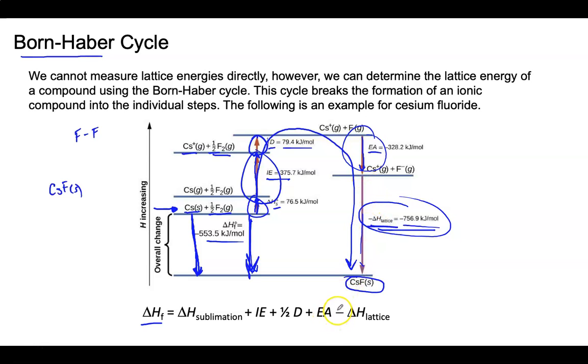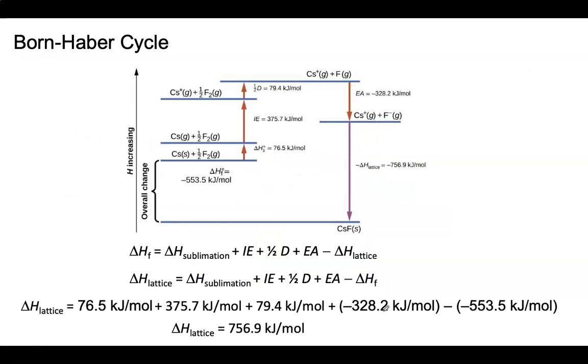So instead of doing plus minus, I just did the negative lattice energy. Okay, so now we can actually do this calculation. But to do this calculation, I'm looking for the lattice energy because I've got all the other ones.